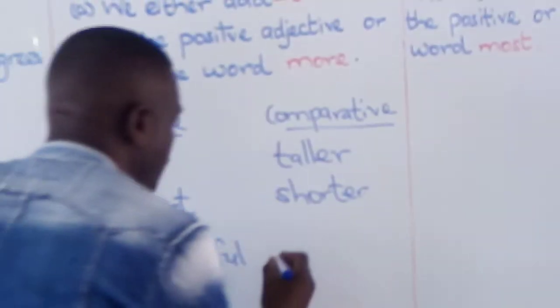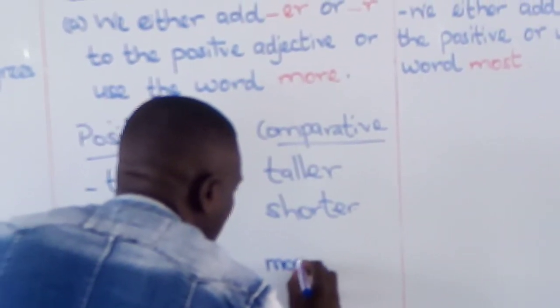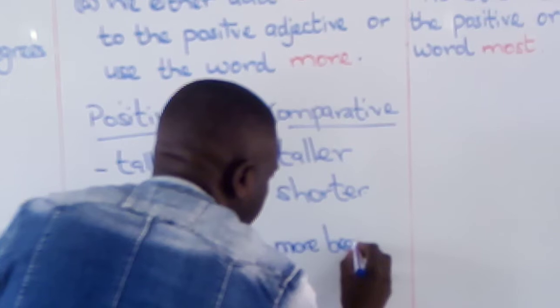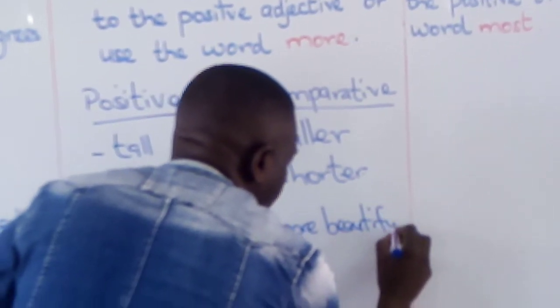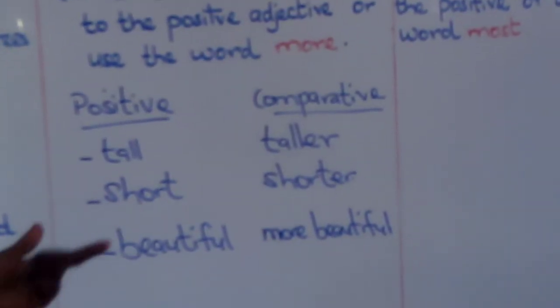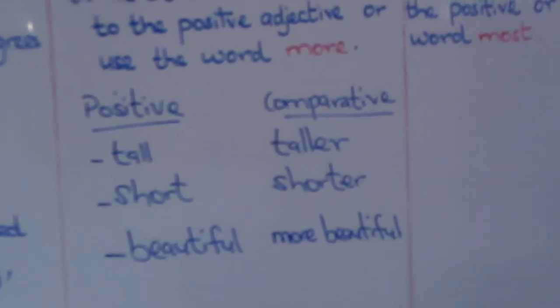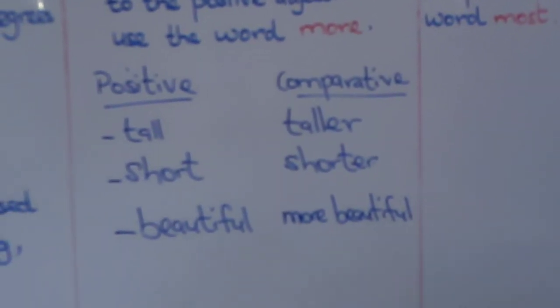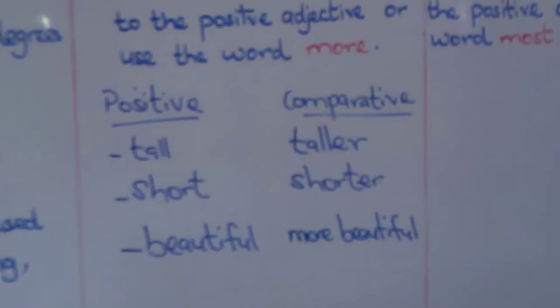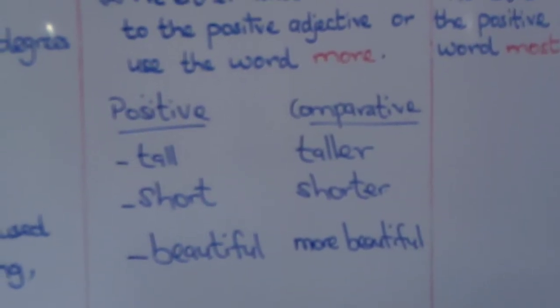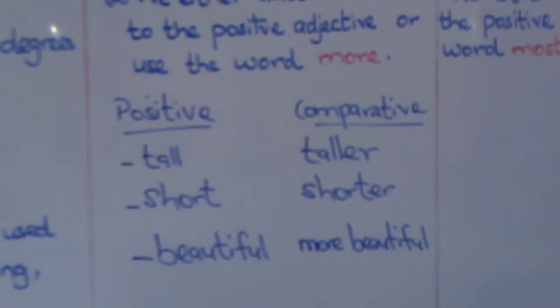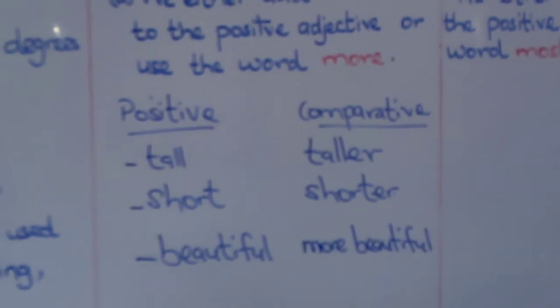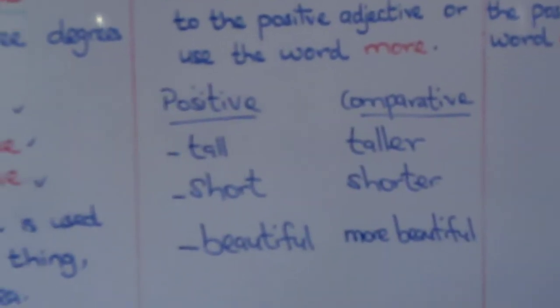We say more beautiful. We cannot say beautifuler. That is wrong English. So some positive adjectives, we cannot add er, but we put the word more before it to make it a comparative degree.